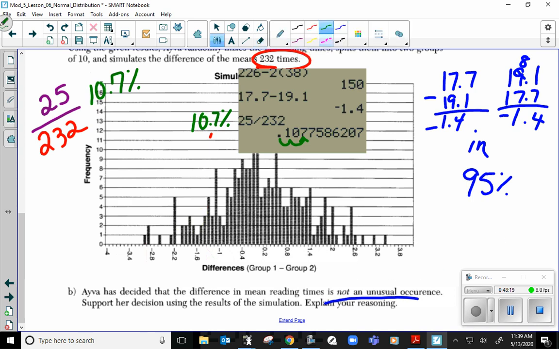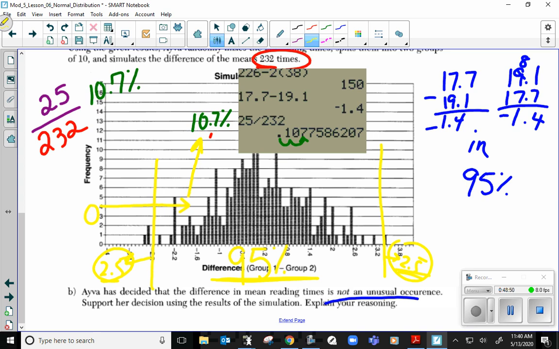If I go from here to here, that's 95%, so I have 5% on the outside, 2.5 and 2.5. Doesn't that make up the outlier? This is the not common stuff. This total 5% is not common. This 95% is. If I start at 0, I pass 2.5% to get to 10.7%.